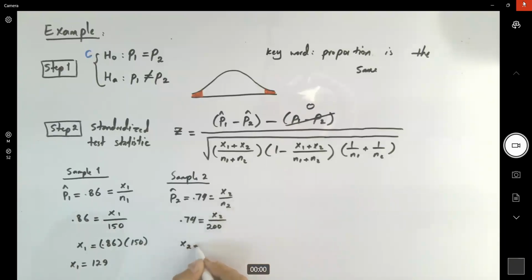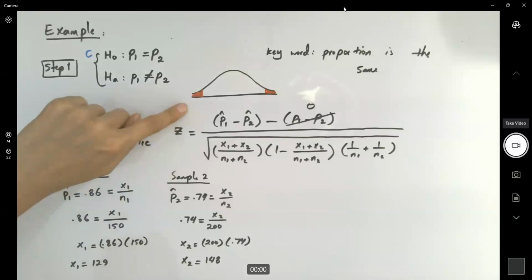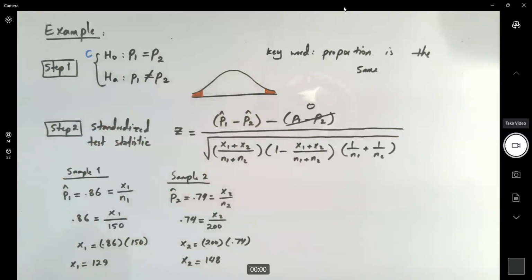So x2 is 200 times 0.74, which is equal to 148. Very good. So we have this missing information. Now we can just plug them into this formula and calculate our z value. When we have the z, we can easily find the p-value and compare it with alpha, which is 10%.